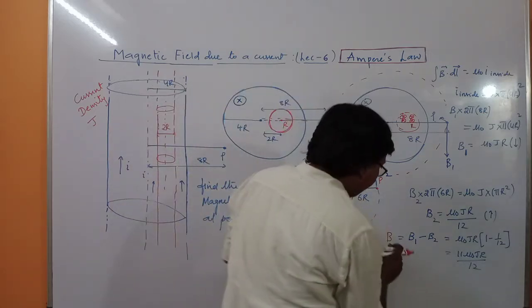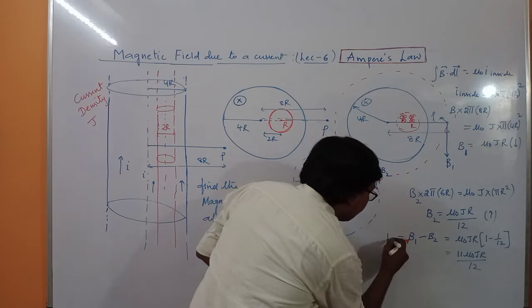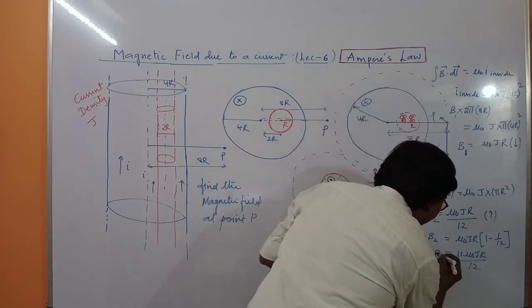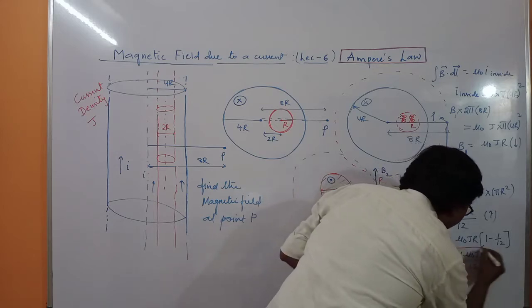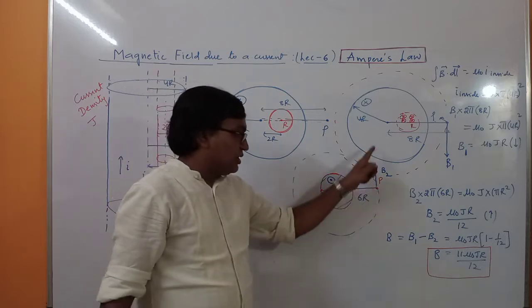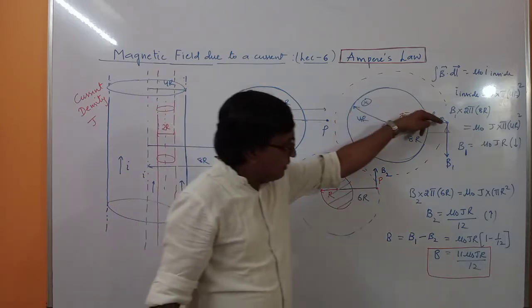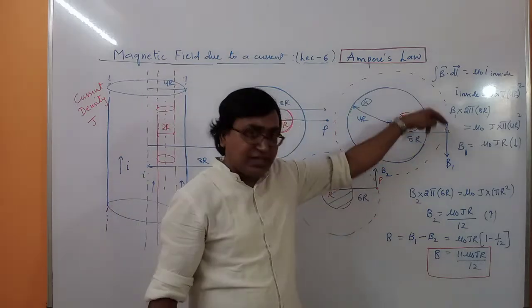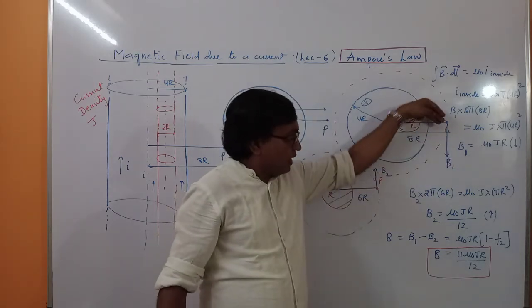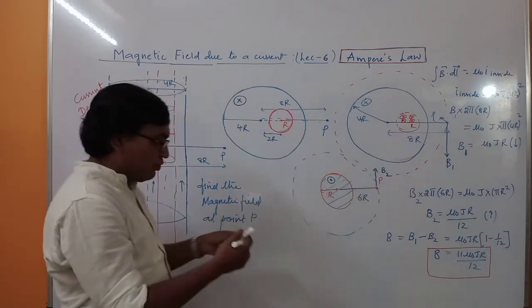So this is B, and the total magnetic field is, sorry, upwards. Magnetic field is downwards. I have taken the downward direction as positive, B1 direction positive. So we got this positive, which means the net magnetic field is downwards.